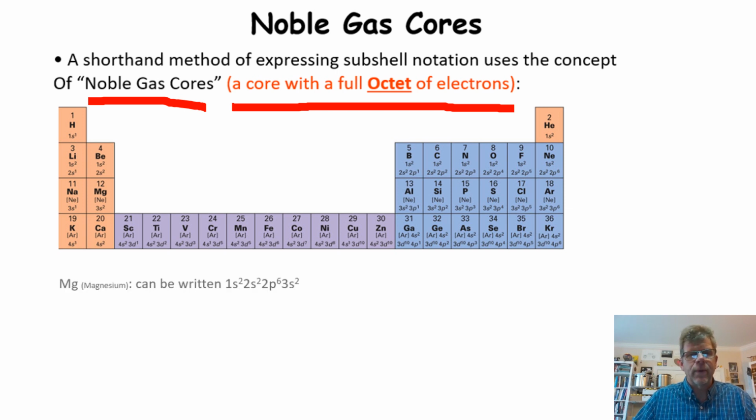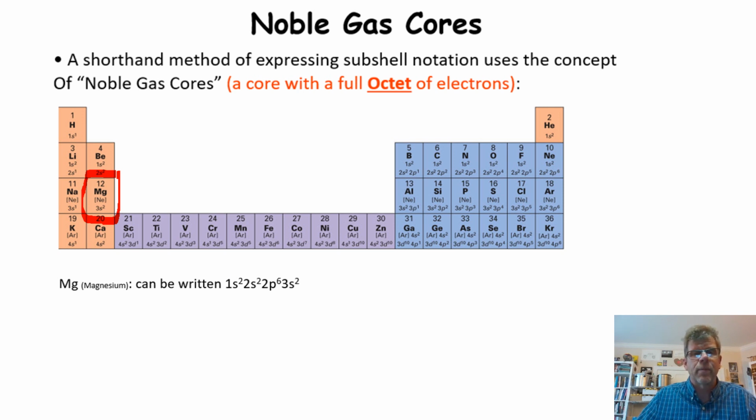Let's give an example. Magnesium. Here is magnesium on the periodic table, 12. It can be written 1s2, 2s2, 2p6, 3s2. And we would know that if we went across the periodic table, reading it like lines on the page of a book.